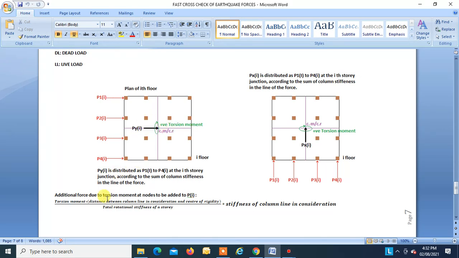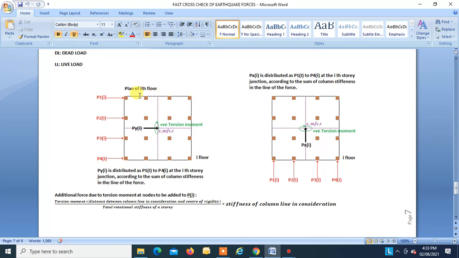That has to be found by this formula: additional force due to torsional moment at a node, to be added to Pi, is the torsional moment into the distance between the column line in consideration and the center of rigidity, divided by the rotational stiffness of the story, into the stiffness of the column line in consideration.